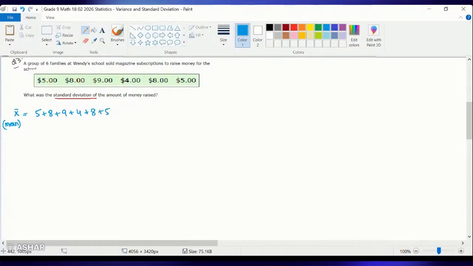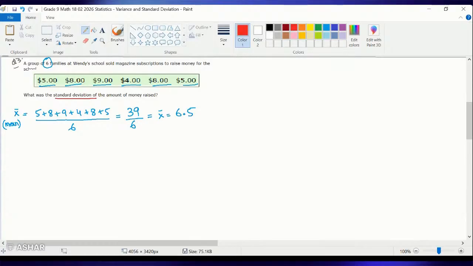How many numbers are there? 1, 2, 3, 4, 5, and 6. A group of 6 families. We divide by 6. 5 plus 8 plus 9 plus 4 plus 8 plus 5 is 39, divided by 6, and the mean comes out to be 6.5. Agreed?